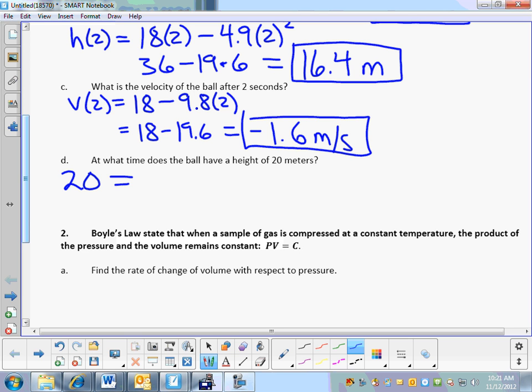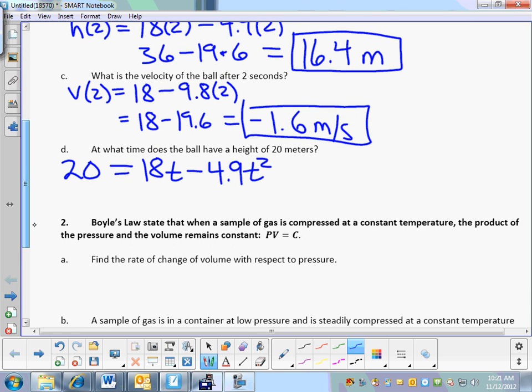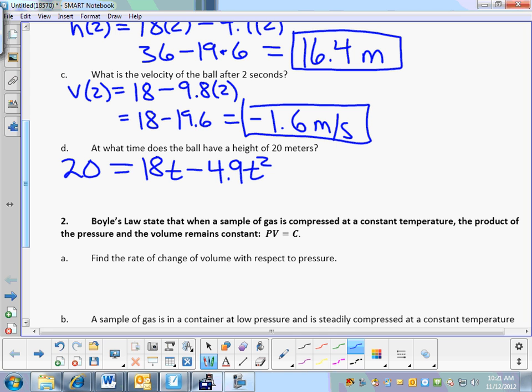So 20 is equal to 18t minus 4.9 times t squared. Now, as already noted by Ben Jones, it won't reach that height. As Chrissy said, it's not going to reach that height. We know the maximum height is only 16.53. So therefore, it can't get up to 20.